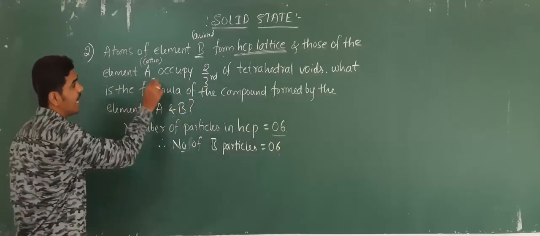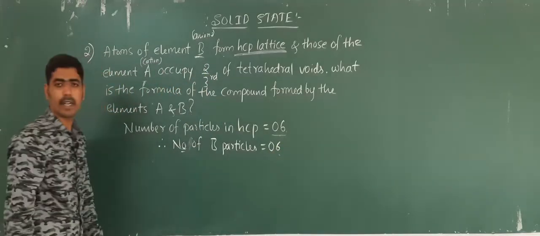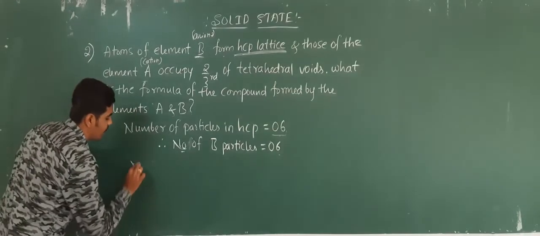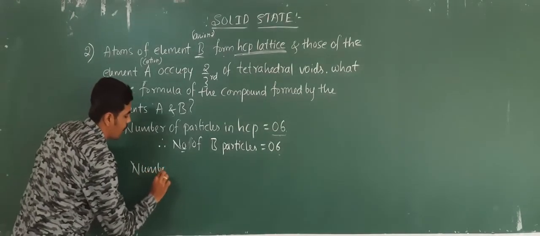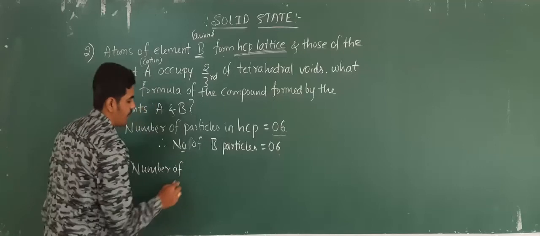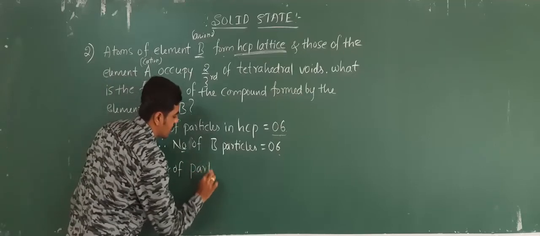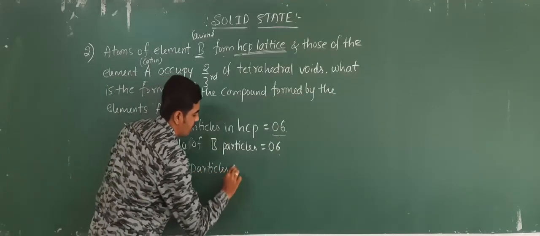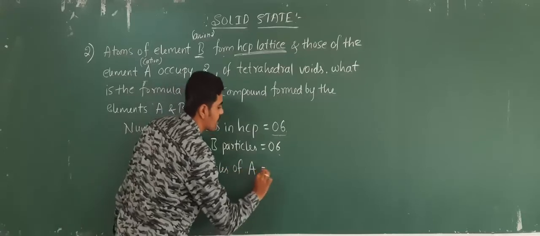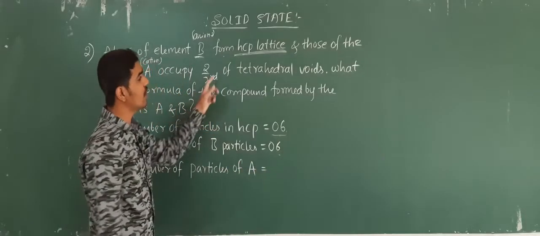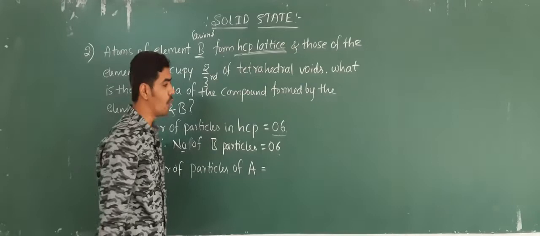And next, A occupies 2/3 of tetrahedral voids. Therefore the number of particles of A is equal to 2/3 of tetrahedral voids.